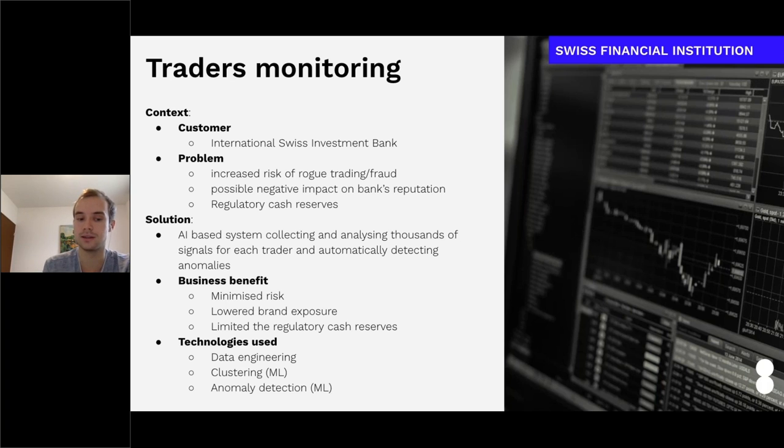This use case differs somewhat from the anomaly detection system that we built in this webinar, in that it flags traders as anomalies and not individual transactions. But many of the underlying principles applied here are actually the same as we saw earlier.